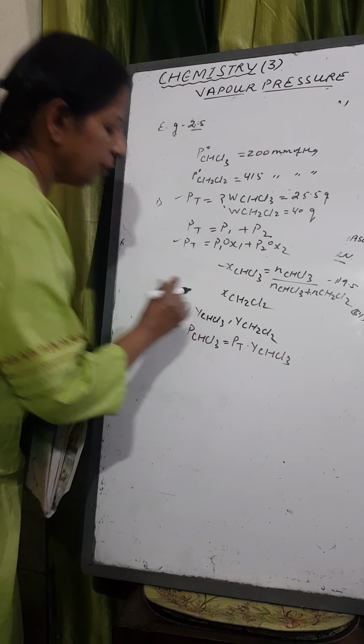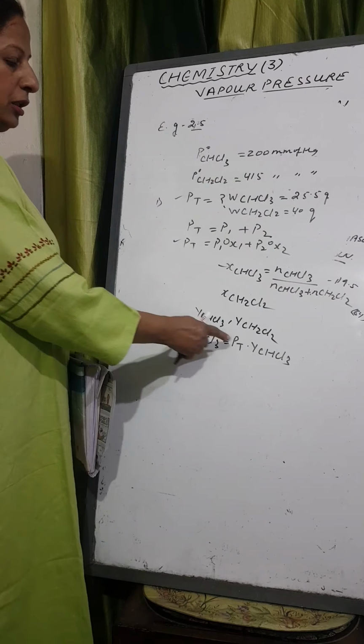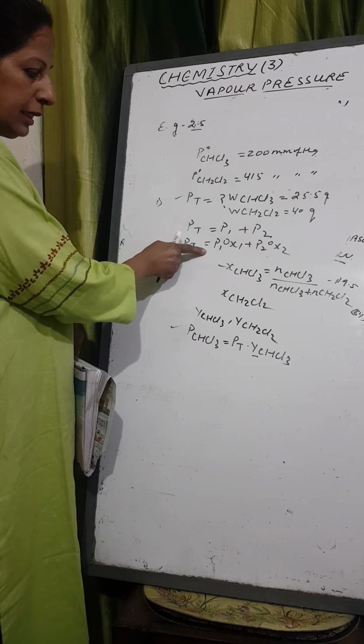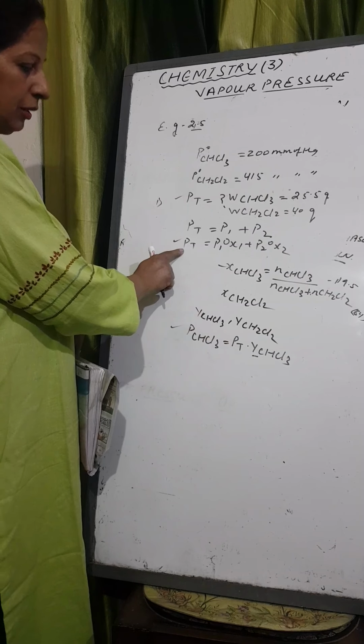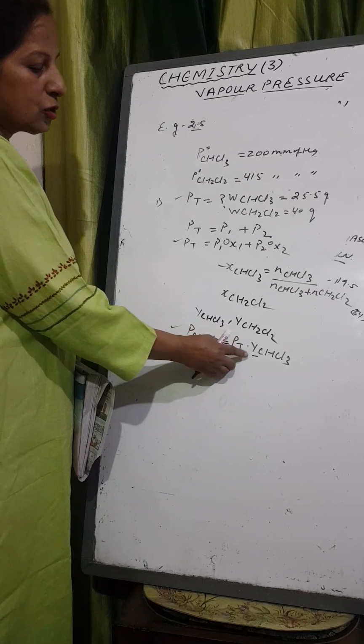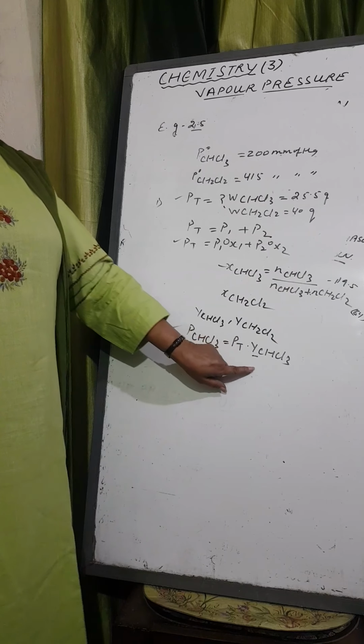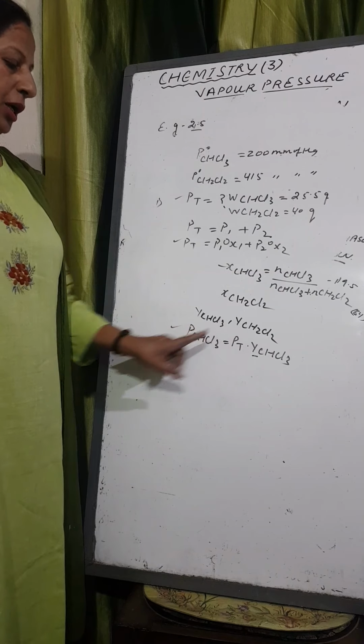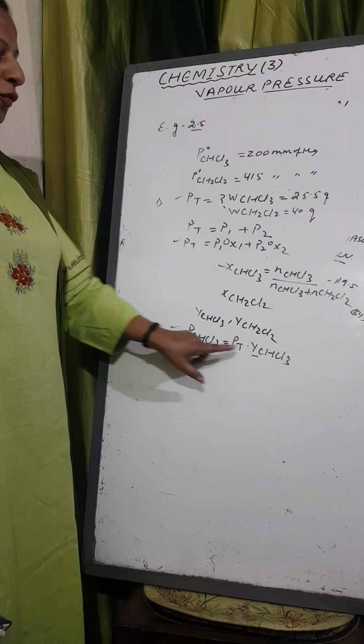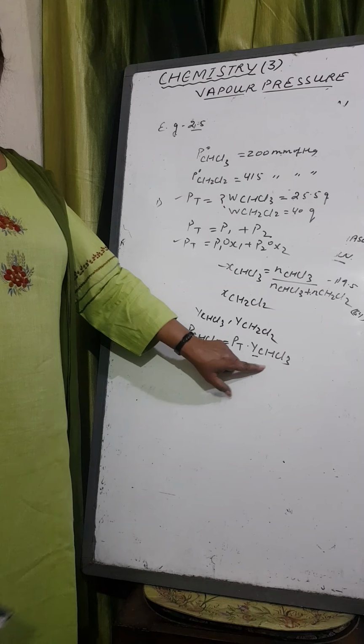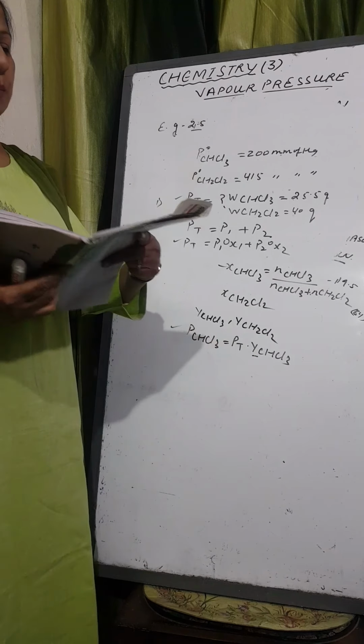So use this formula to get the value of Y chloroform. P total we will be getting from here, so we can find out the mole fraction of chloroform. Similarly, you can find out the mole fraction of the other liquid. This is example 2.5.